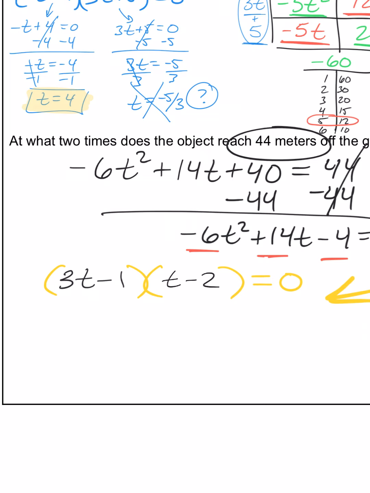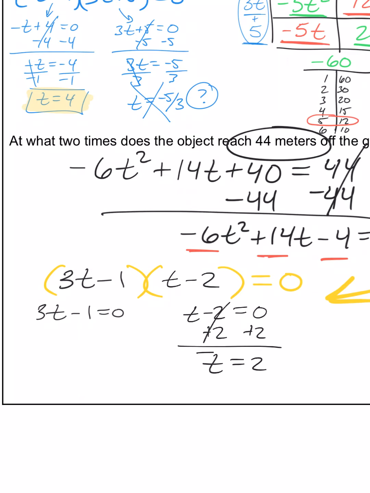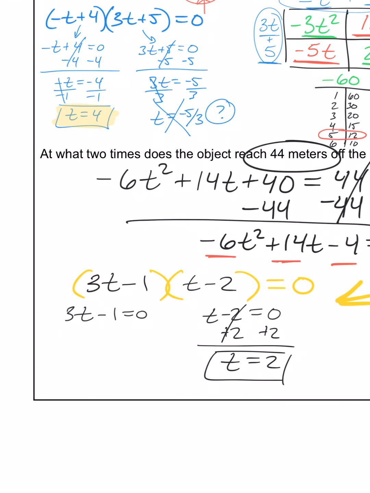Again, we can create 2 equations. 3t minus 1 equals 0. t minus 2 equals 0. This one's super easy to solve. We have 1 step. After 2 seconds, the height is 44 meters. Now, to solve the second one, we need 2 steps.